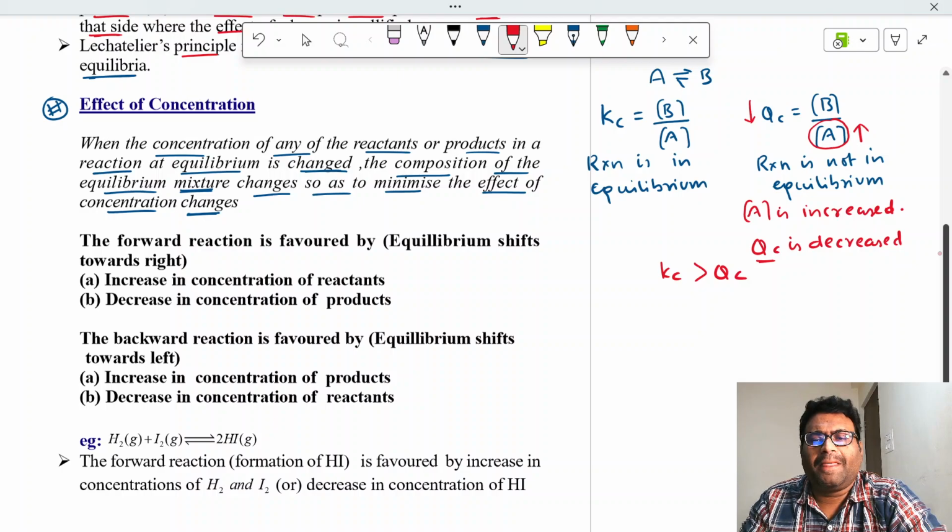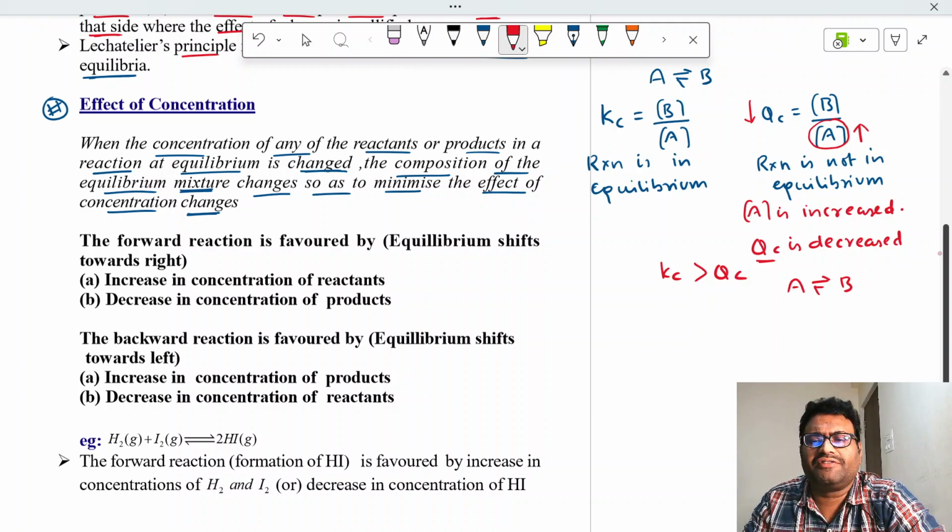So now, as Qc is less than Kc, concentration A gives rise to B. So B by A, where A is increased. As A is increased, what must happen?